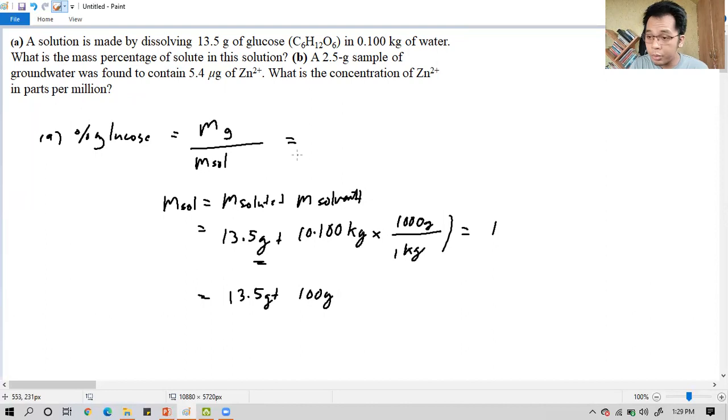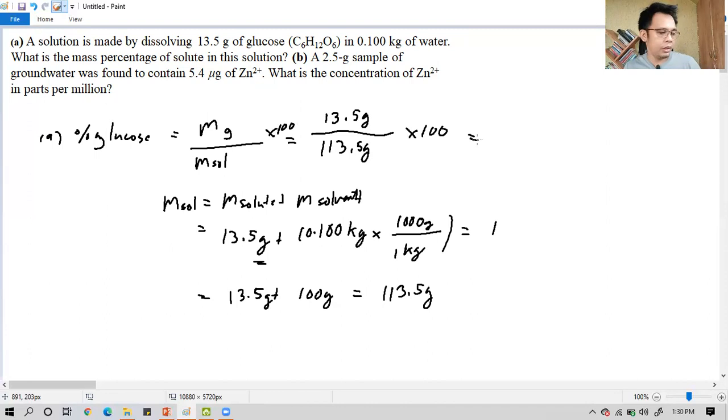So now we have the mass of solution. Now 13.5, which is the mass of solute, glucose, over 113.5, because when we add them, it is 113.5 grams of solution. Of course, I forgot the times 100. I'm so sorry for that.